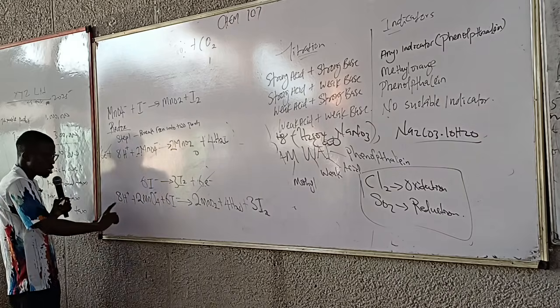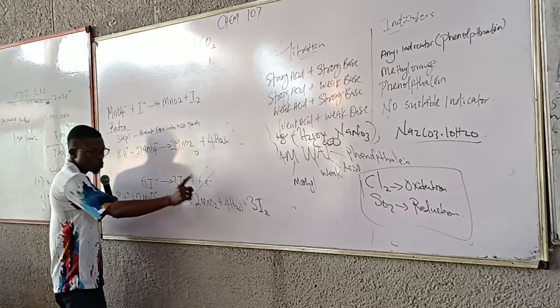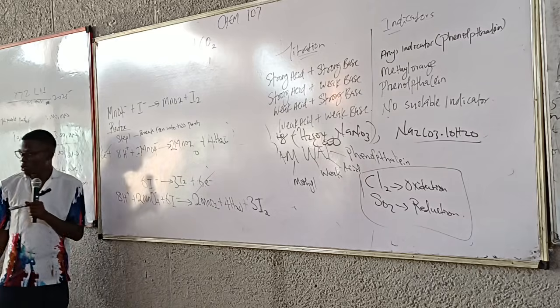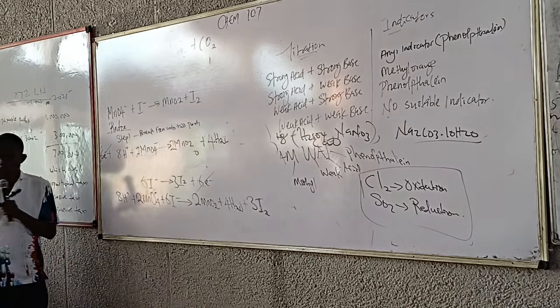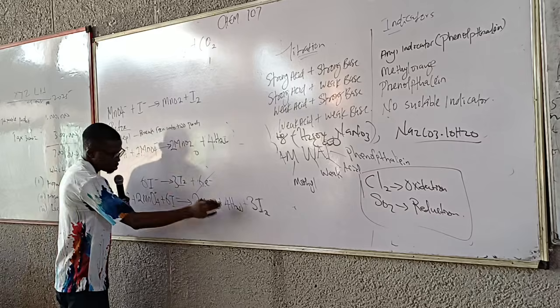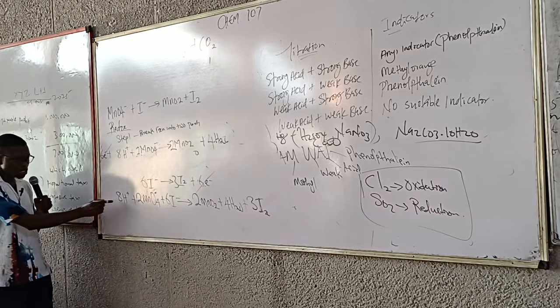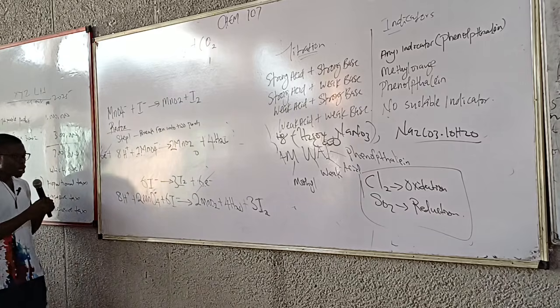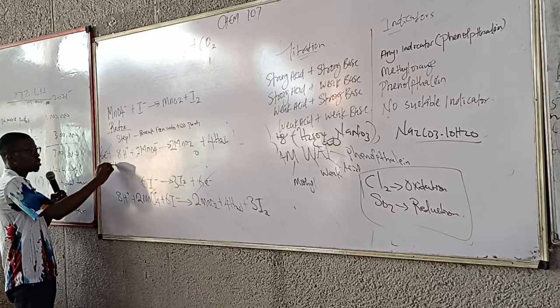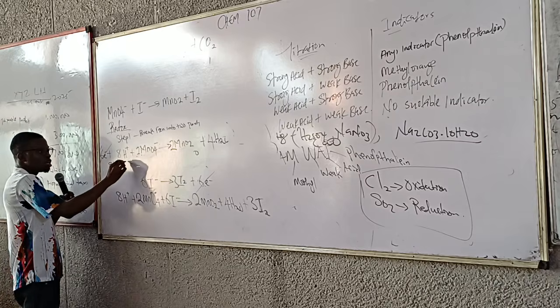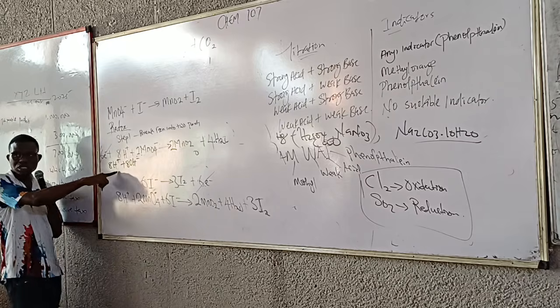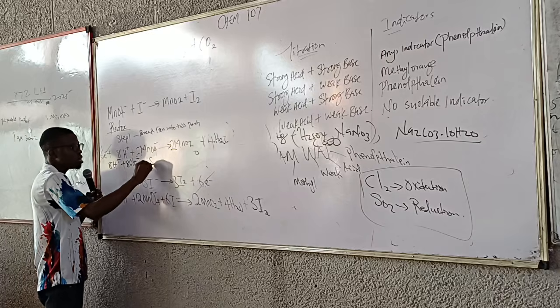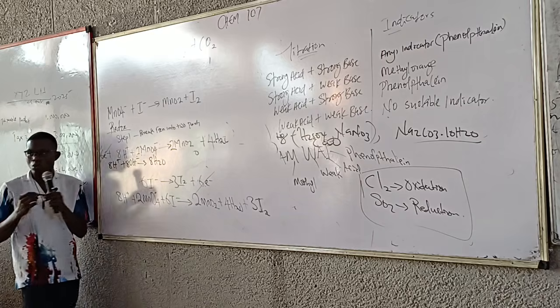I'm putting 8 hydroxide ions here and also here too. Since this is 8H plus, if you add 8OH minus to it, you are going to form 8H2O.